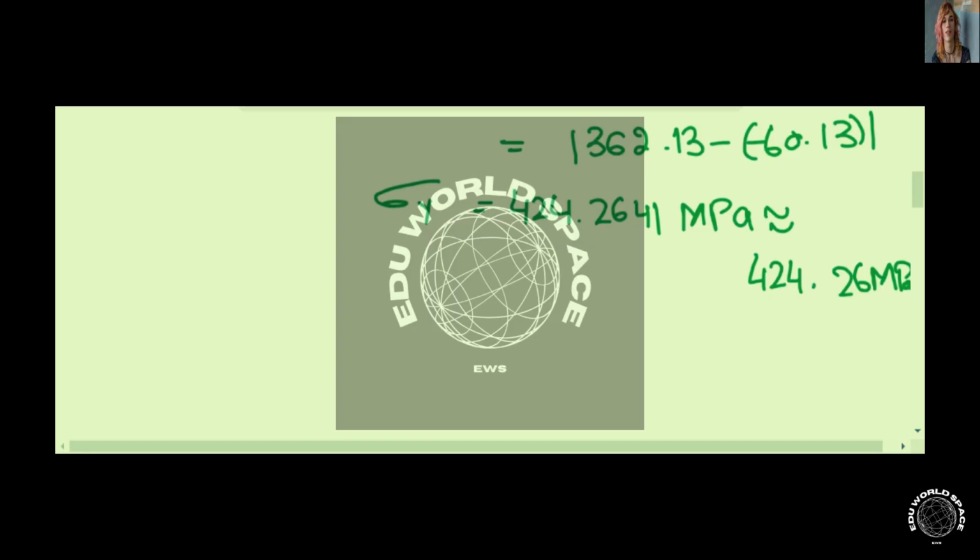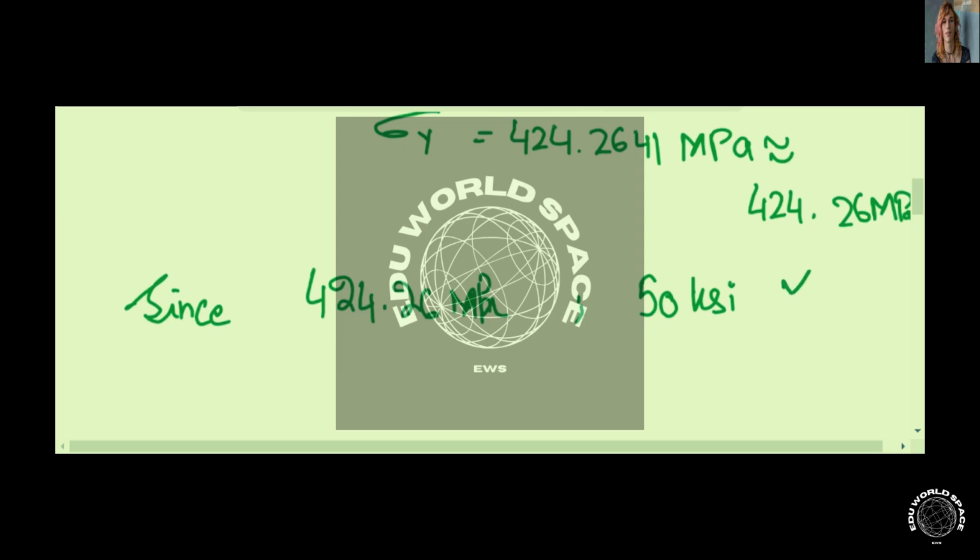So since we have 424.26 megapascals, right? And the given is 50 ksi, right? So when you compare them, you'll see that this one is greater than this one, right?